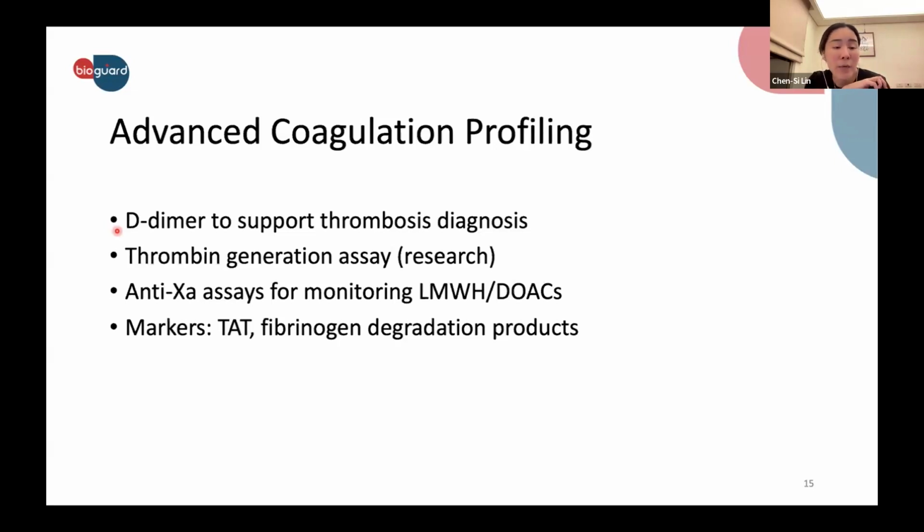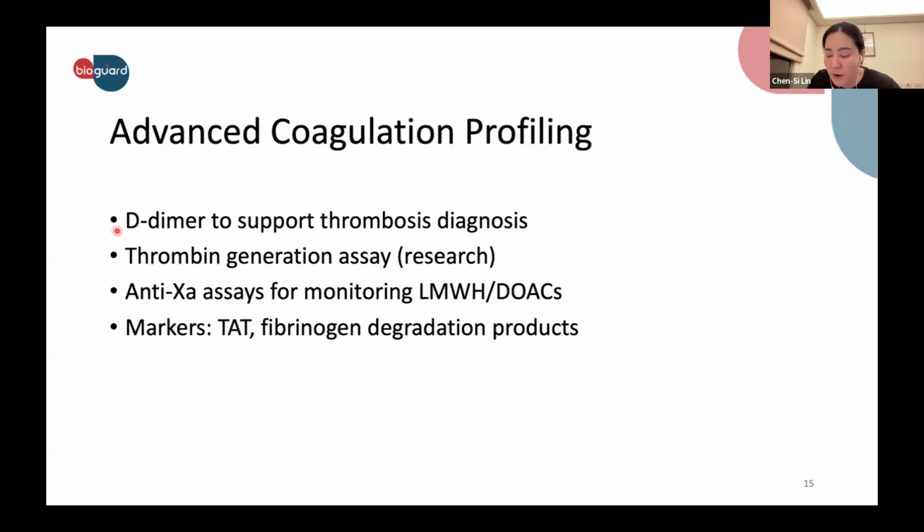Another assay we use is the anti-Xa assay. It helps us monitor if we want to treat with specific drugs such as low molecular weight heparin, as well as DOACs, such as rivaroxaban. This assay tells us the proper dosing. So these are the different coagulation methods that we can use.